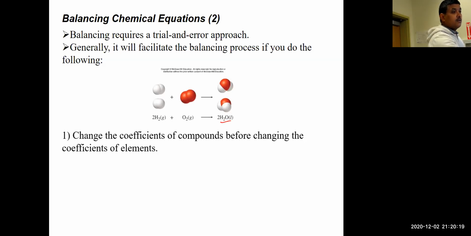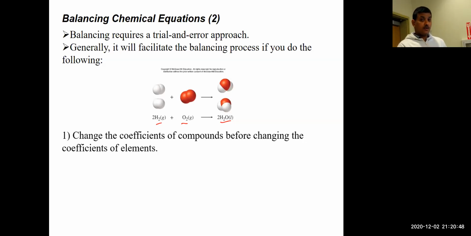H2O is a molecule, and O2 and H2 happen to be the elements. Those are a few examples of diatomic elements. Yes, hydrogen is a single atom, but it exists in elemental form as H2 and O2 for special reasons of being stable. So you need to start balancing the coefficients of compounds first, before the elements.